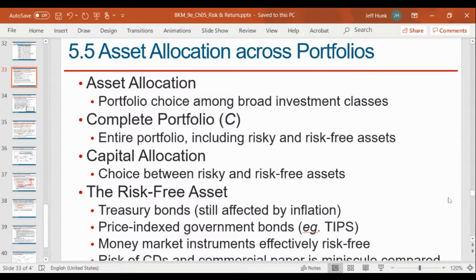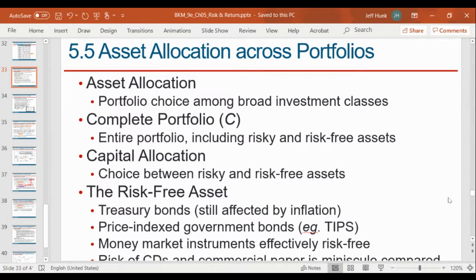So eventually we will get to how to allocate weight, how to allocate our funds across stocks and bonds in the upcoming lectures.